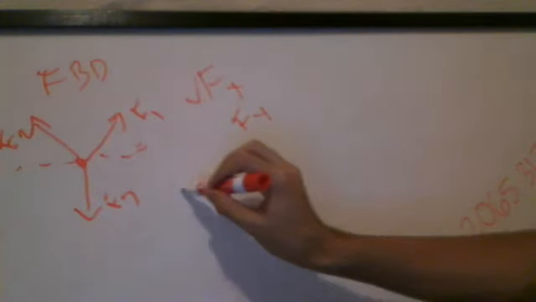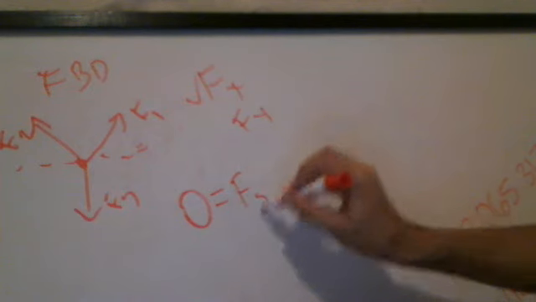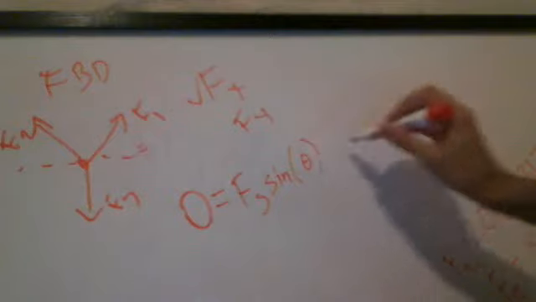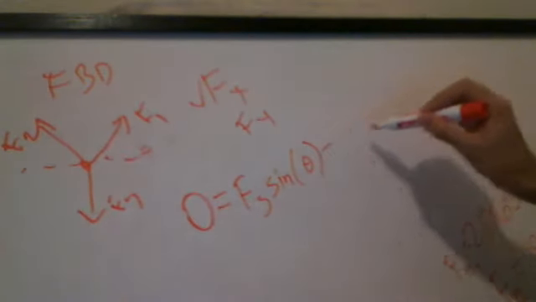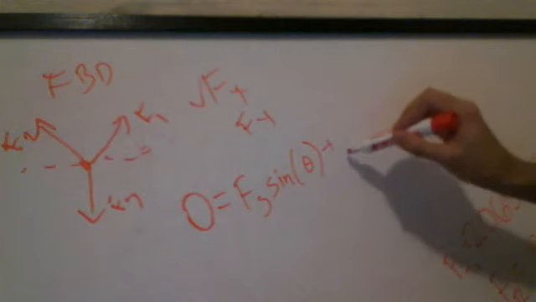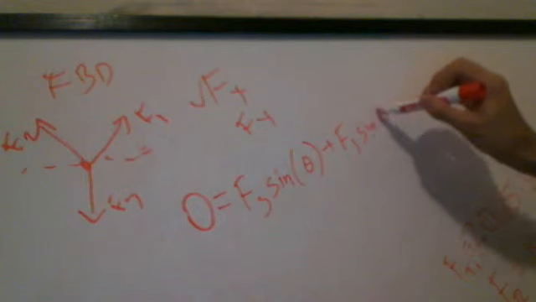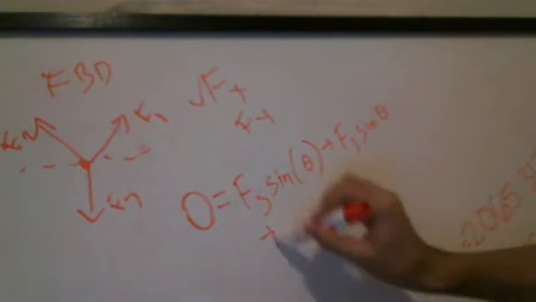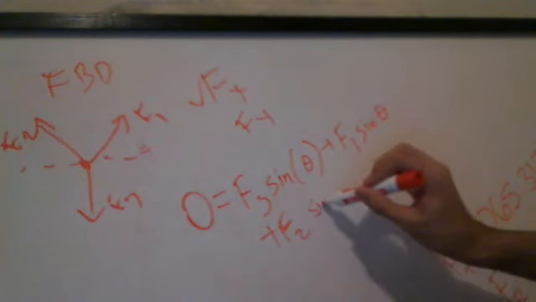So what we have to do is 0 is equal to the force of gravity sine of its angle, which is going to be just a negative force of gravity, plus force 1 sine of its angle, plus force 2 sine of its angle.